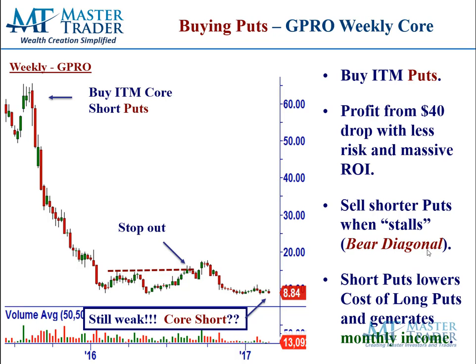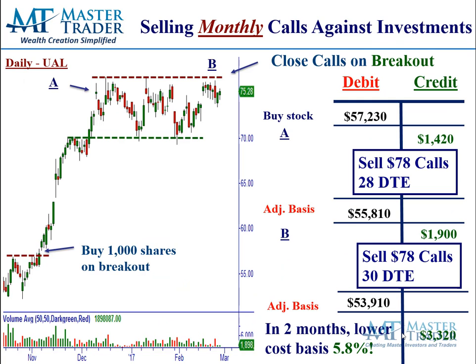Just for the fun of it, for your learning, in this particular case, that would be called legging into a bearish diagonal trade. Sounds complicated. I guarantee you it's not after you complete our 10 module option strategies course. So that lowers the cost basis of the long puts and generates our monthly income.